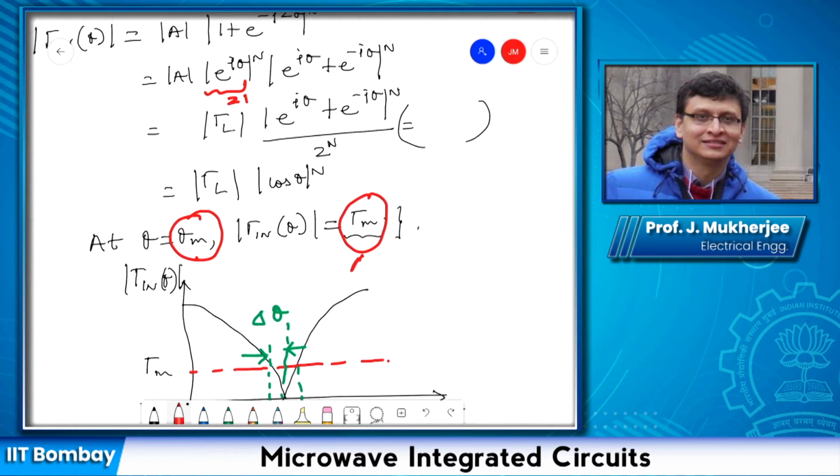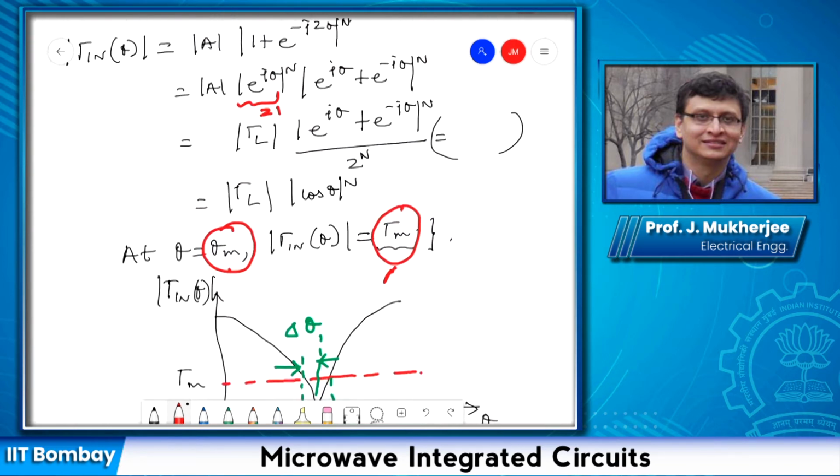We can proceed from this equation, and then we can get the value of theta m equal to cos inverse of gamma m upon modulus of gamma L, like this.